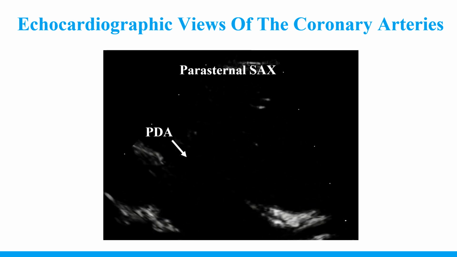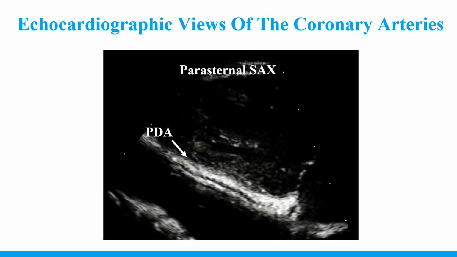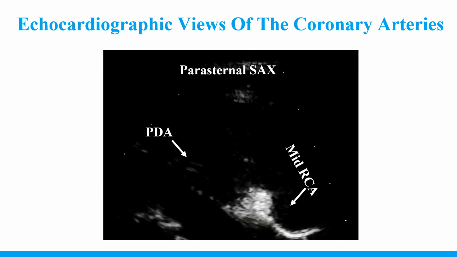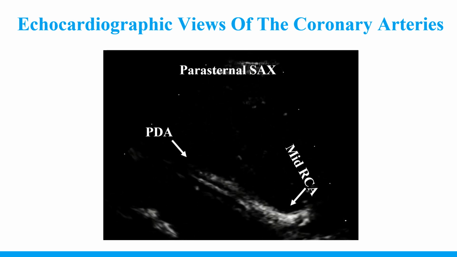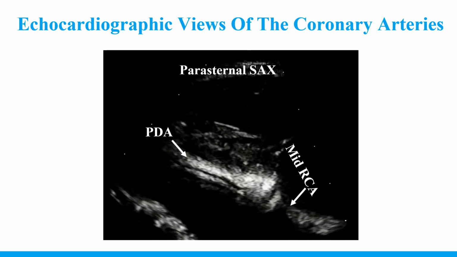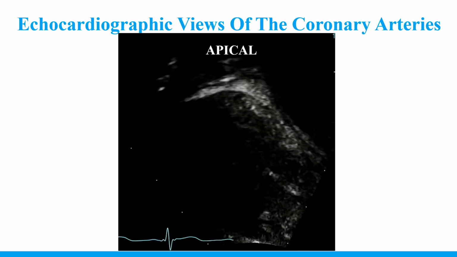And if you follow it, you want to make sure that you're not looking at the liver heart interface. You see the posterior descending artery. And usually what we do is we look at the mid-right coronary artery and we follow it into the posterior descending. We follow it, we track it, and it would lead to the posterior descending.